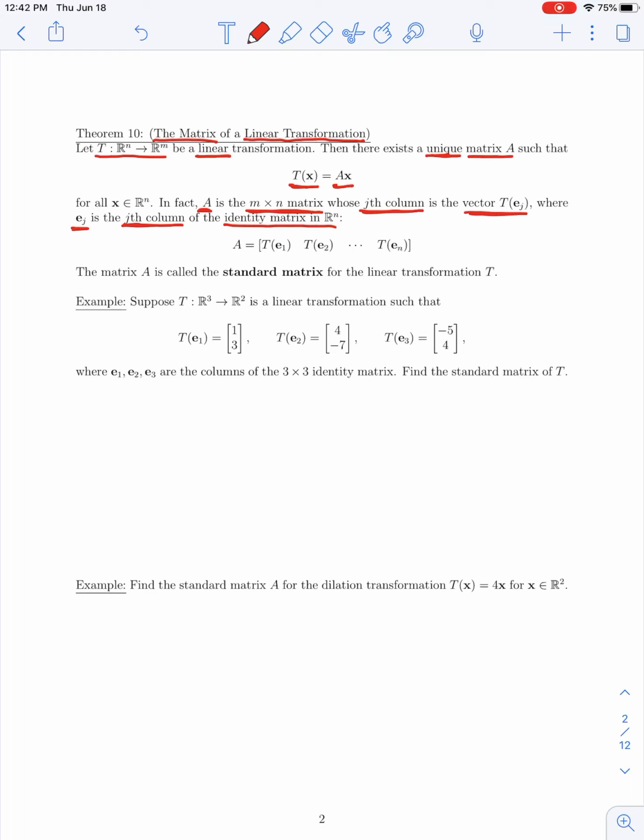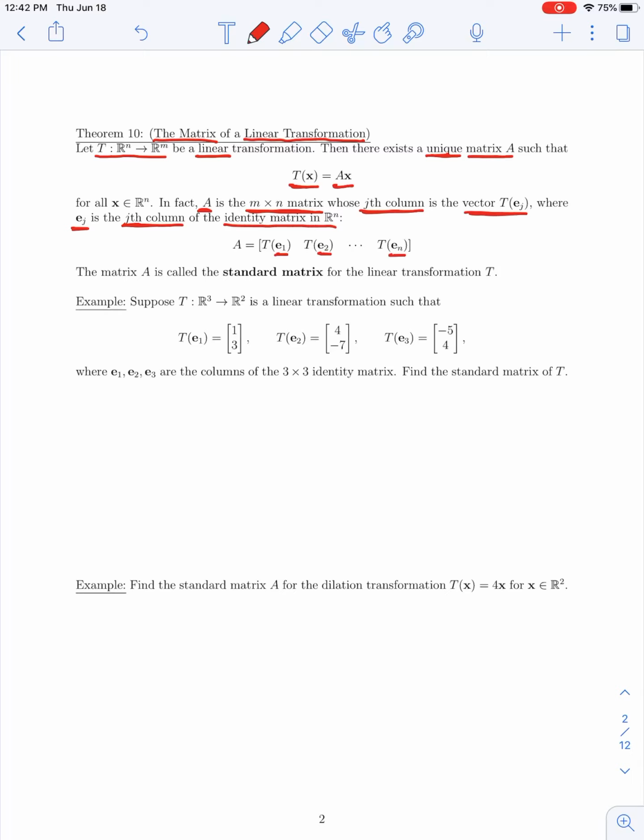In our first example, we were looking at the 2 by 2 identity matrix, so we only had two columns, the vectors e1 and e2. If we're looking at a transformation that's mapping from Rn, then our identity matrix in Rn has n columns, which we would denote as e1, e2, up through en.